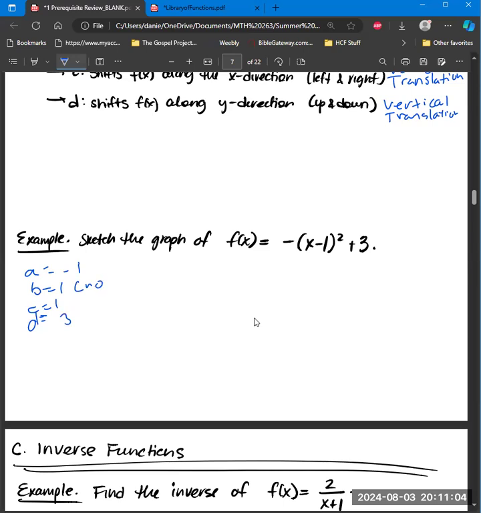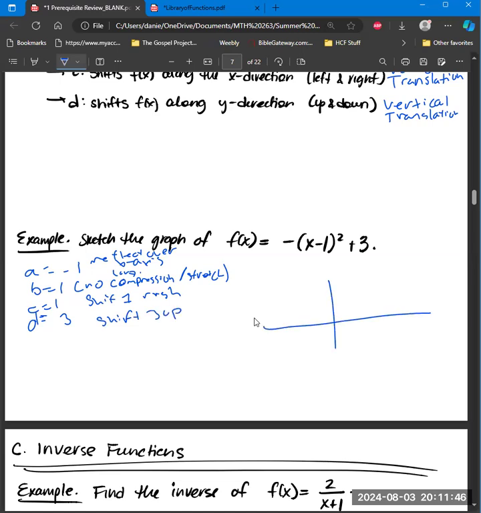So there's no horizontal compression or stretch. What that tells me is we're going to reflect over the x-axis here. We're going to shift 1 right, and we're going to shift 3 up.